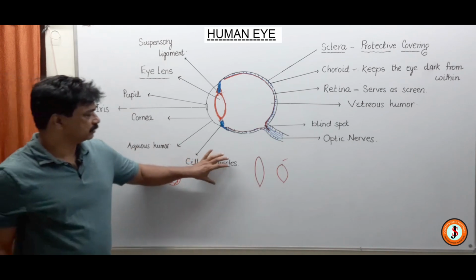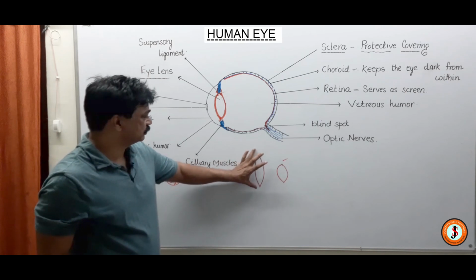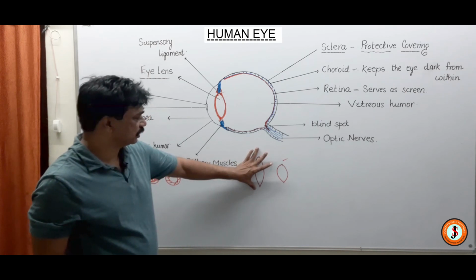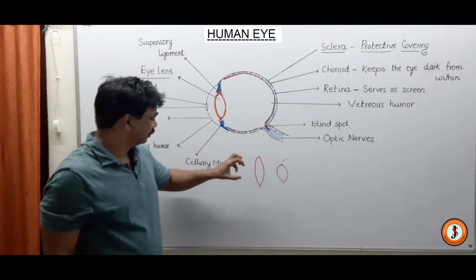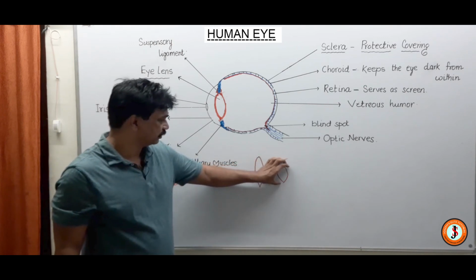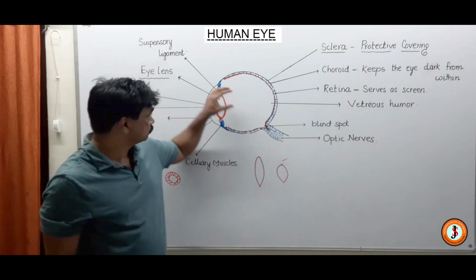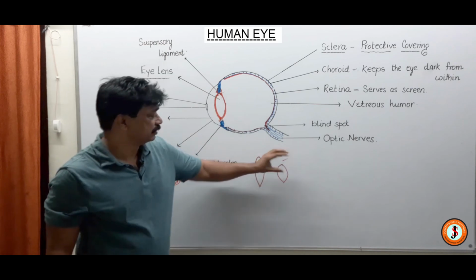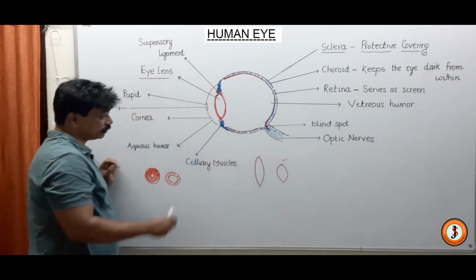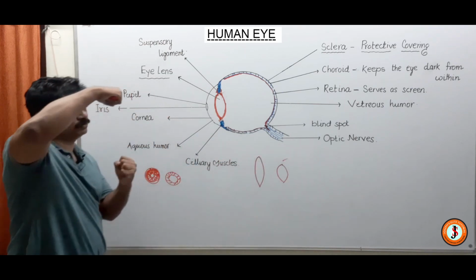Then the ciliary muscles: when the ciliary muscles contract, the eye lens becomes larger and its focal length increases, and when the ciliary muscles expand, they press from both sides, then the eye lens becomes smaller. And the suspensory ligament keeps on holding.